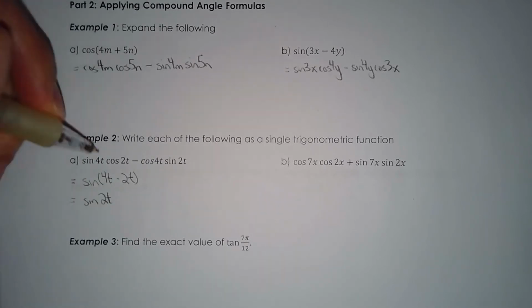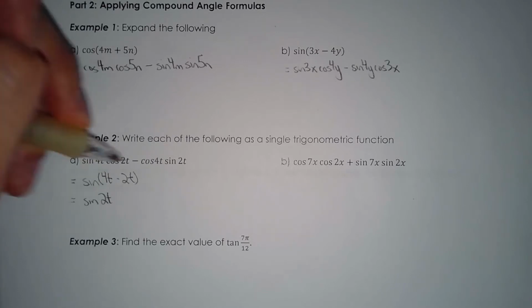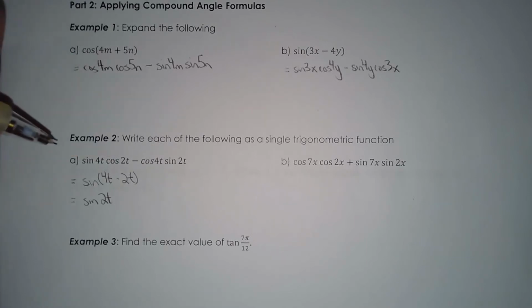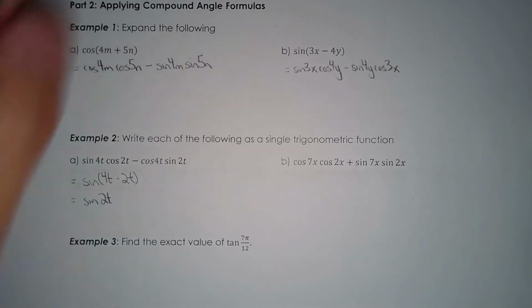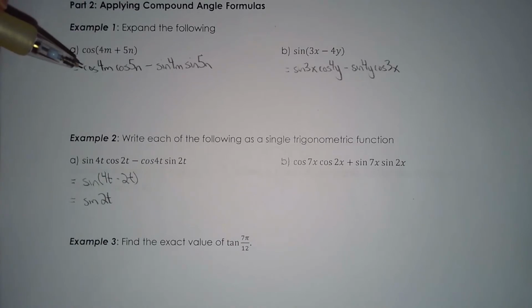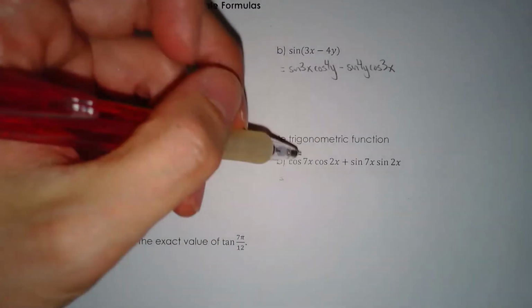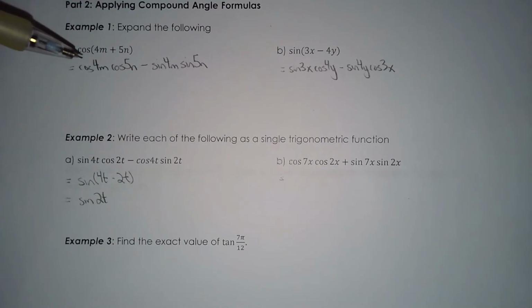Okay, if you have a hard time seeing it, rewrite this expression by letting 4t equal x and 2t equal y, and you'll see that it looks exactly like the subtraction formula for sine. Okay, we have cos 7x cos 2x plus sine 7x sine 2x.